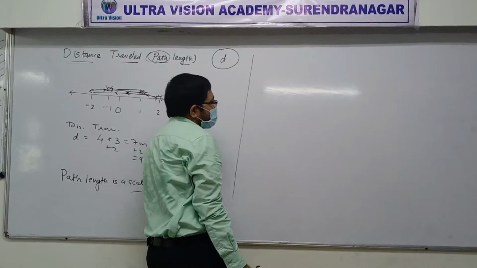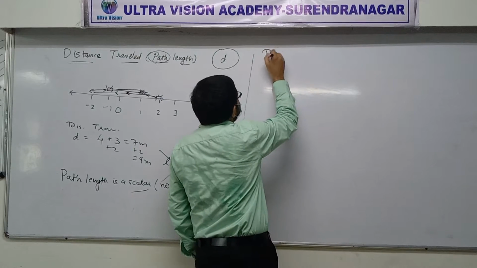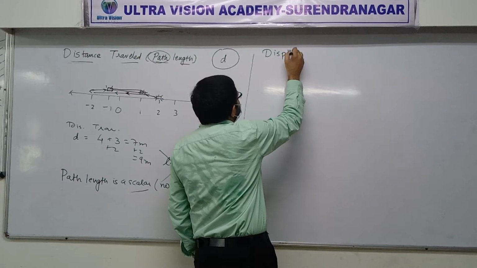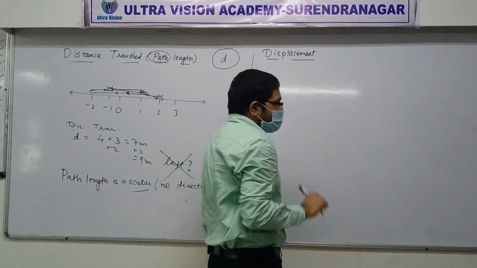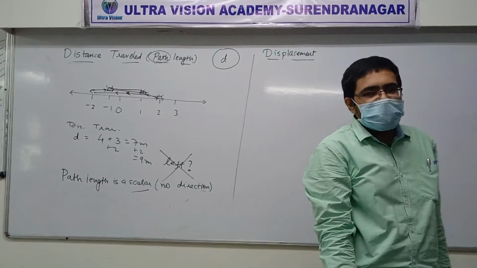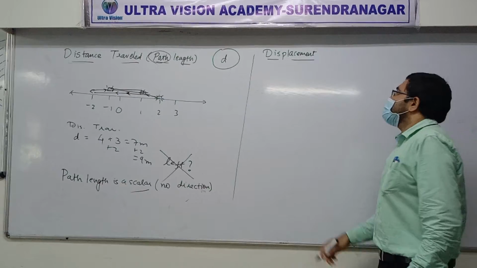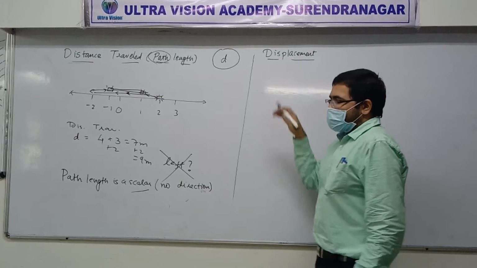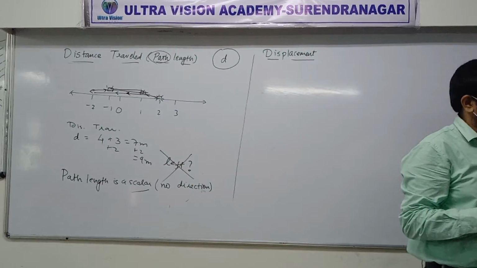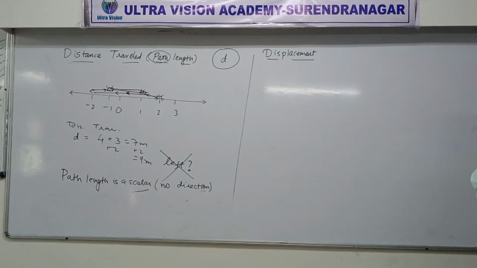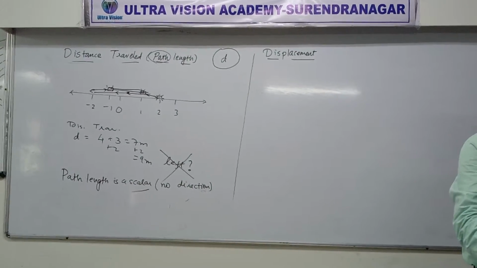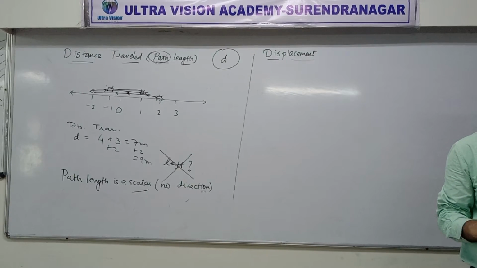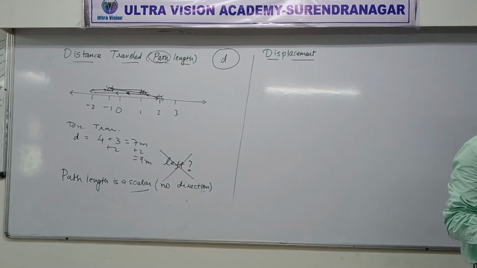Alright, let's go to the next quantity or the next concept. Displacement. First of all, we'll understand what is the meaning of this word according to English. Displace. What is the meaning of displace? Displace means change the place. Yes or no? Displacement means change.